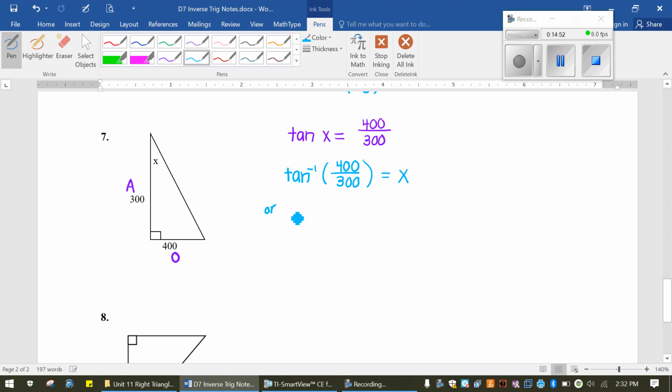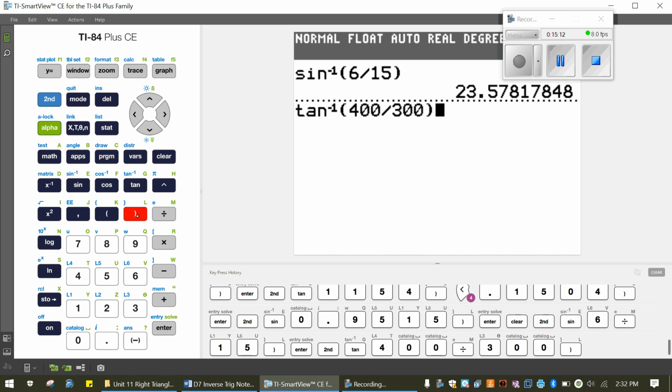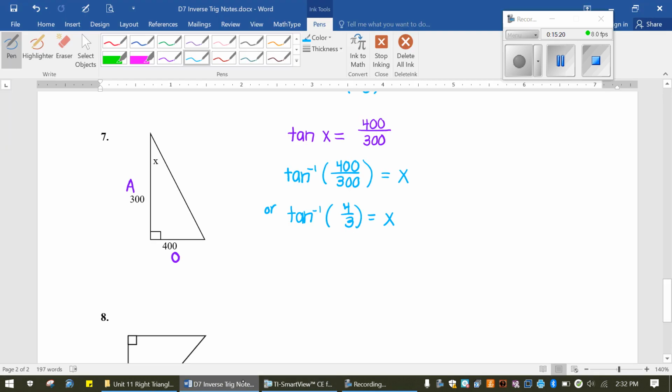Again, if you wanted to reduce that before you put it into your calculator, you certainly could, but it's not necessary. You'll get the same answer either way. So inverse tangent of 400 over 300, rounded to 1 decimal place, would be 53.1 degrees. So our missing angle is 53.1 degrees for number 7.